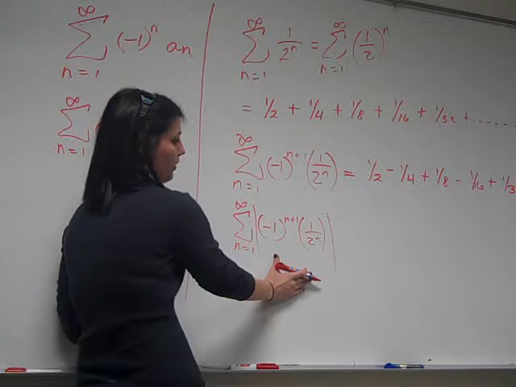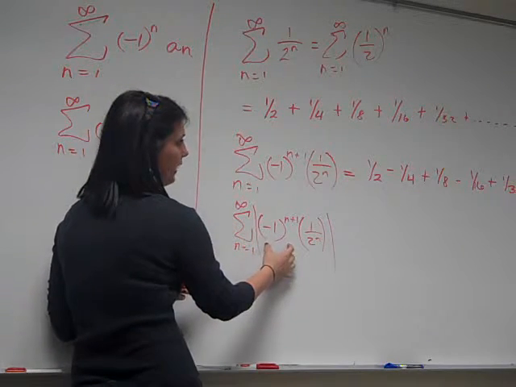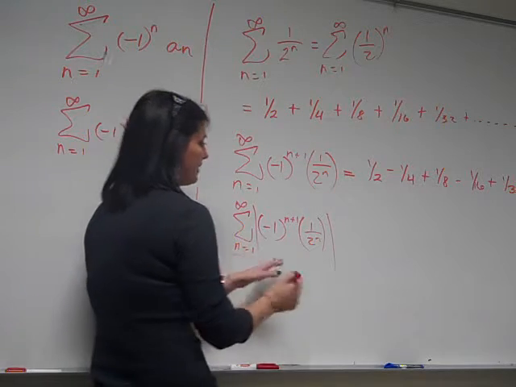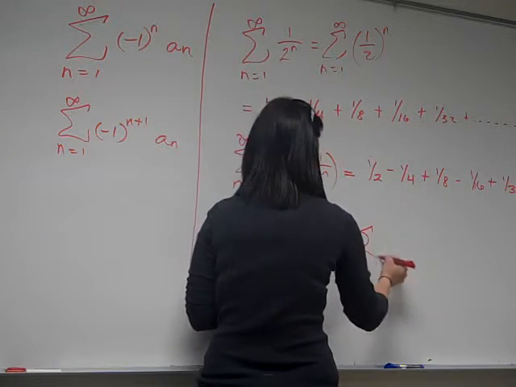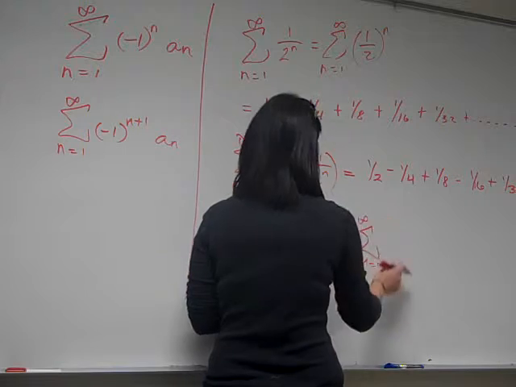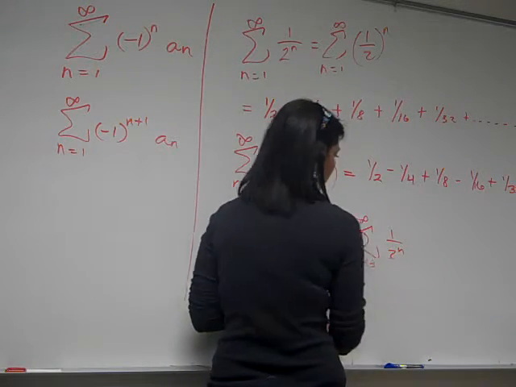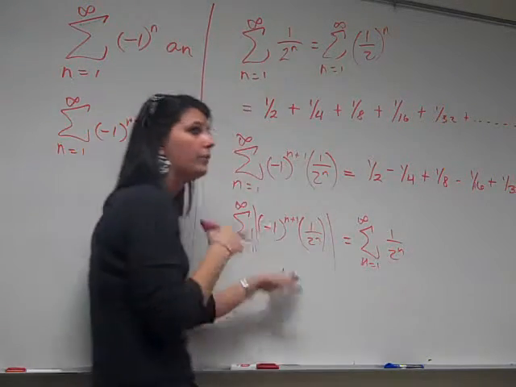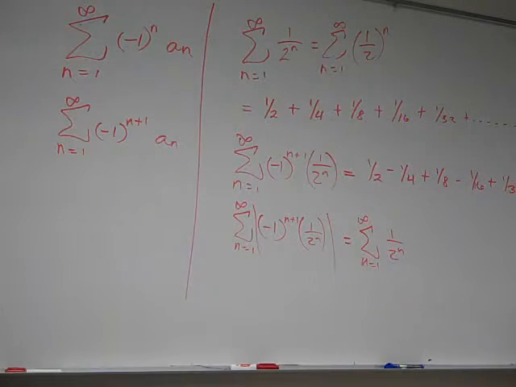It's just 1 over 2 to the n, because the absolute value of negative 1, everything goes to positive. So that actually just does give us 1 over 2 to the n back, which you told me from the get-go. It does converge because it's geometric.